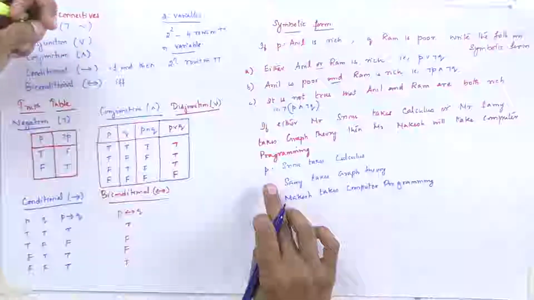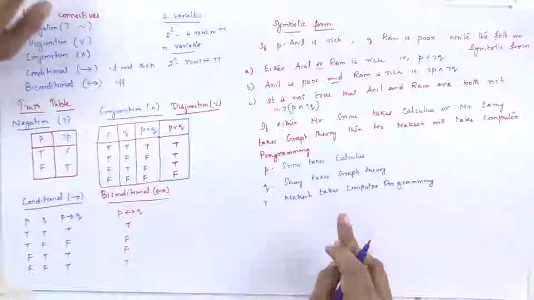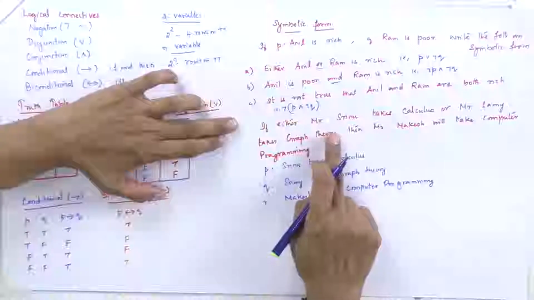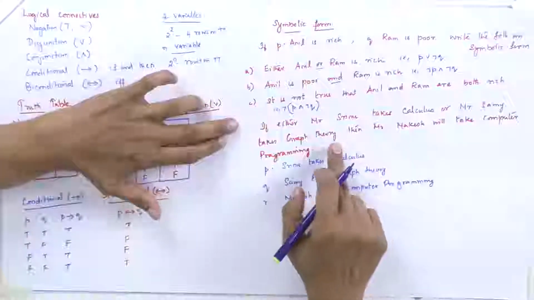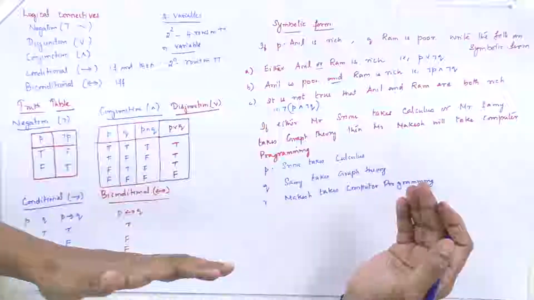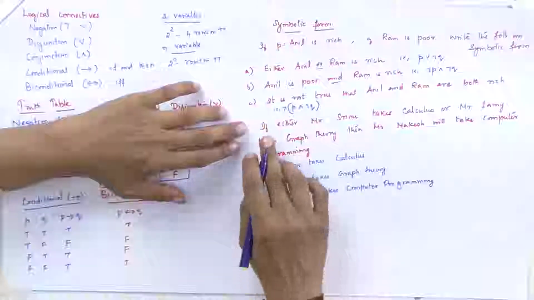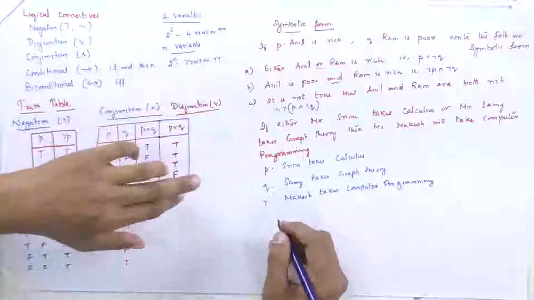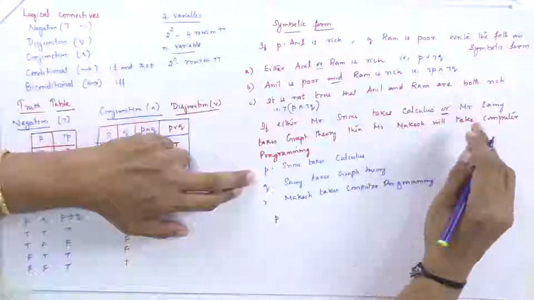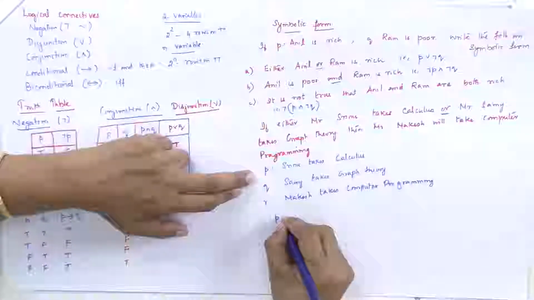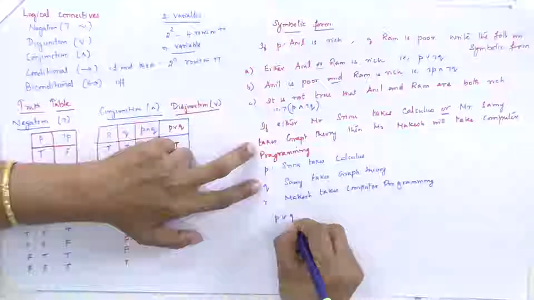So I have denoted them as P, Q, R. Now we will have to symbolically write it down. If either Mr. Srinu takes calculus or Mr. Sami takes graph theory, if this happens, then Mr. Magesh will take computer programming. How do I represent this? Mr. Srinu takes calculus is P, or, Mr. Sami takes graph theory is Q. Fine.